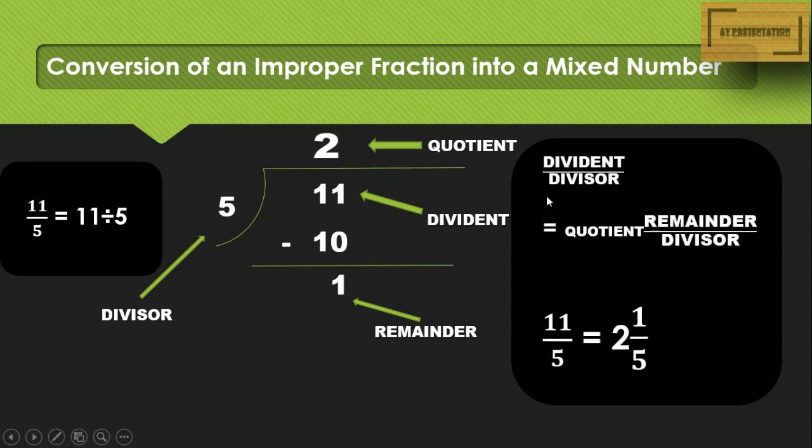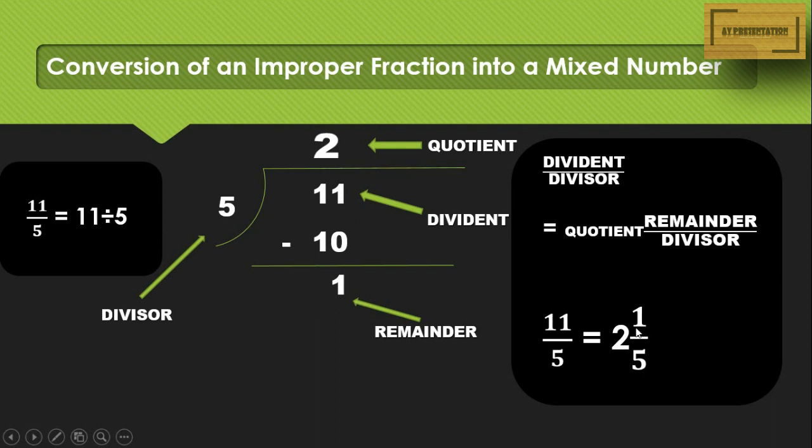So the formula for conversion of an improper fraction into a mixed number is: dividend upon divisor is equal to quotient and remainder upon divisor. The quotient of this example is 2, so you can write 2 here, and the remainder is 1.